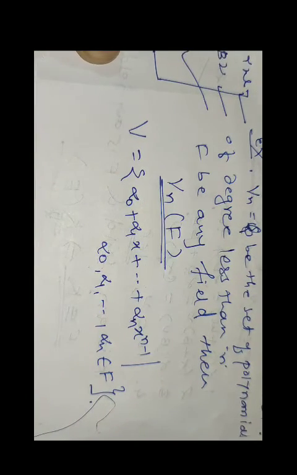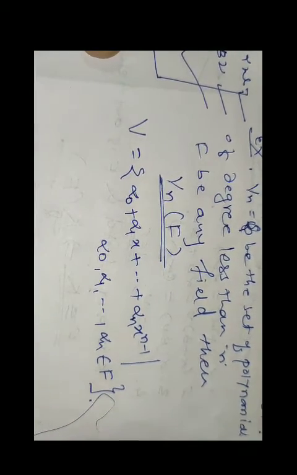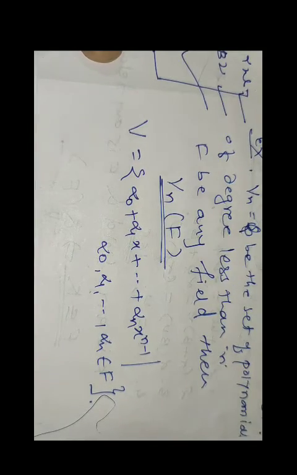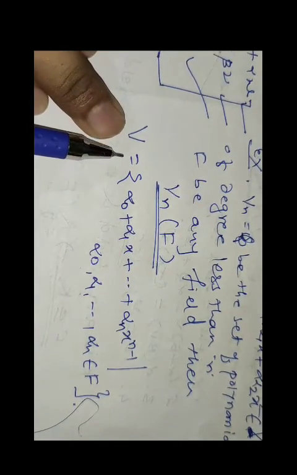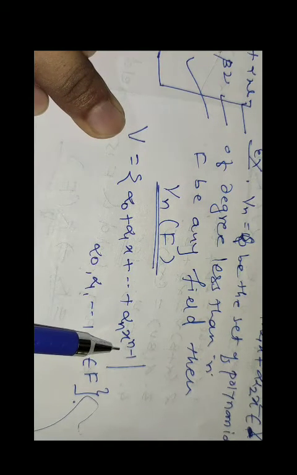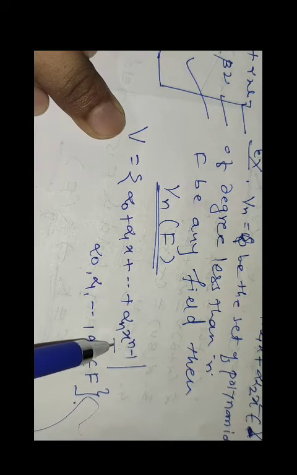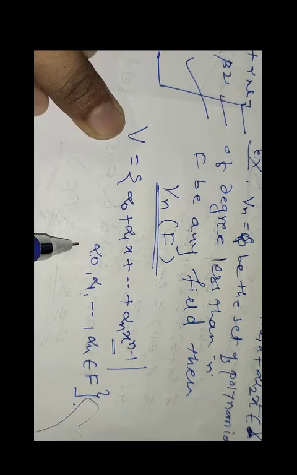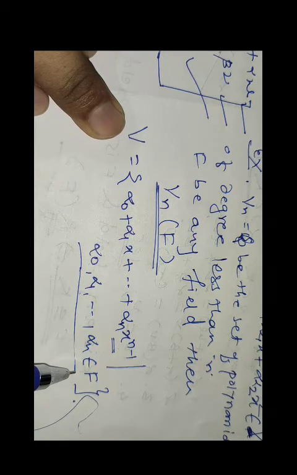This is a polynomial of degree less than n, where all these alpha naught, alpha 1 to alpha n minus 1 belong to the field F. Less than n means the highest term is x power n minus 1.